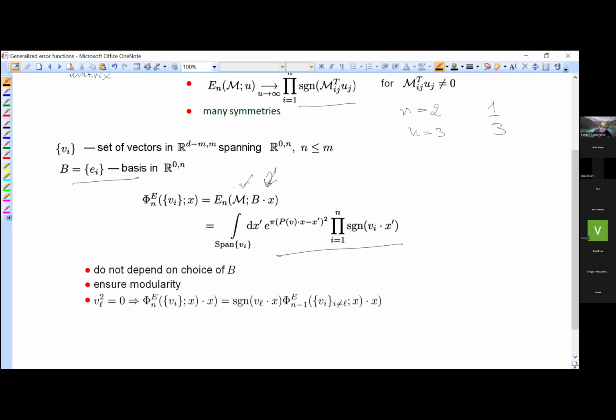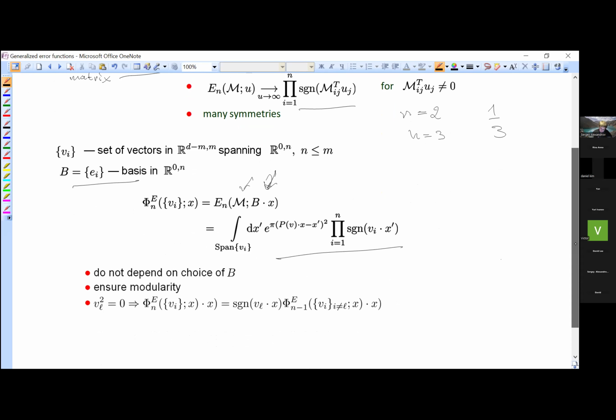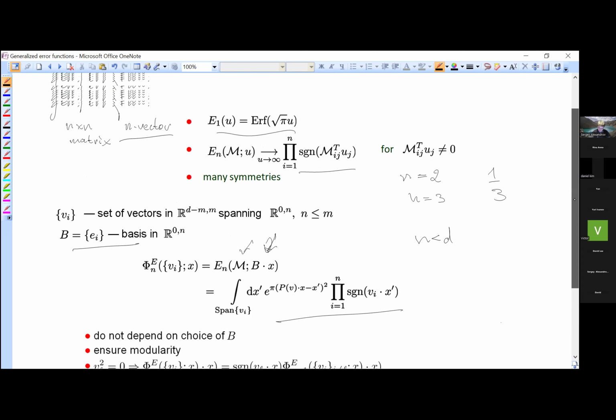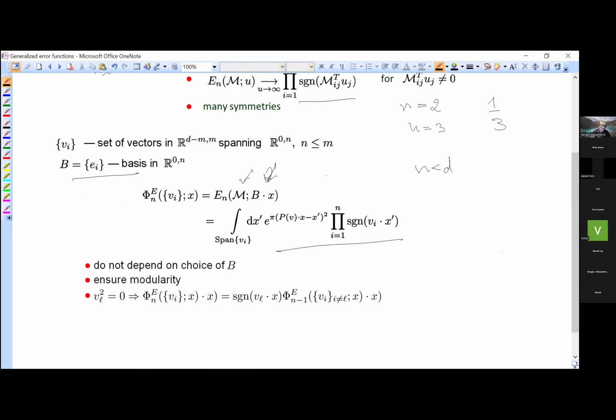And you need to go to these boosted functions because here I defined a function with the argument given by an n-dimensional vector, but I want a function which plays the role of a kernel of my theta series. And to have a kernel, I need that it depends on my lattice vector. And the lattice vector is a d-dimensional vector. And n is less than d, typically, so I need to embed this object into a larger space. And this is done by using these definitions.